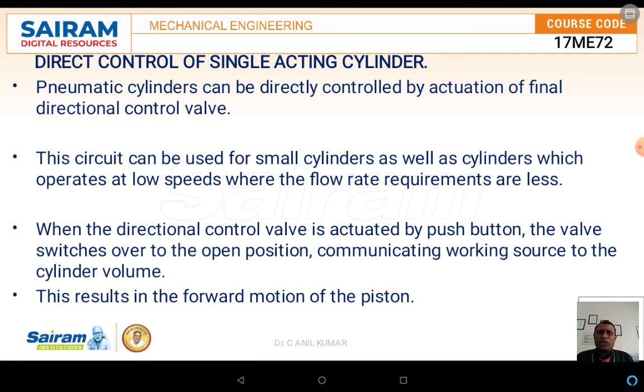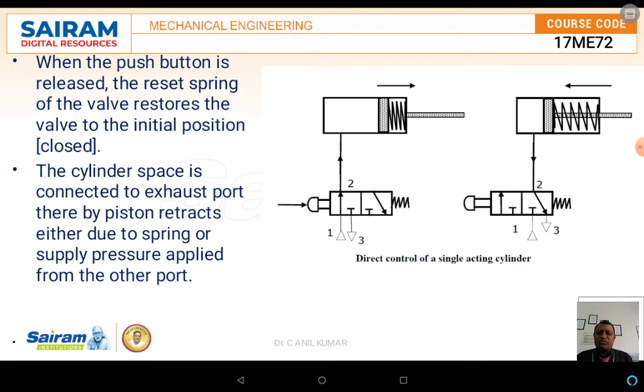The pneumatic cylinder can be controlled by the actuation of the DCV valve. This circuit consists of a single cylinder and a DCV valve. The DCV valve is operated by means of a push button. When the push button is switched on, the compressed air is made to flow.